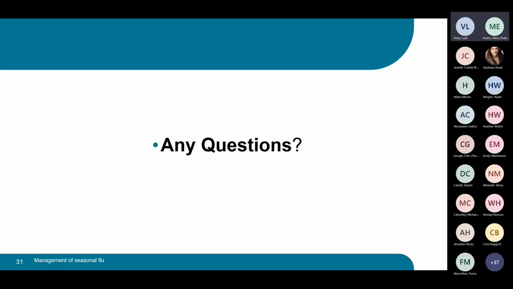I think the purpose of this training was that, although we're not seeing it massively circulating at the moment, we've just got to be aware that it could come at any point. Particularly because of the complications, and it has quite a similar presentation to COVID. So it's about getting people to consider other diagnoses other than COVID, particularly when you've got COVID negative results.